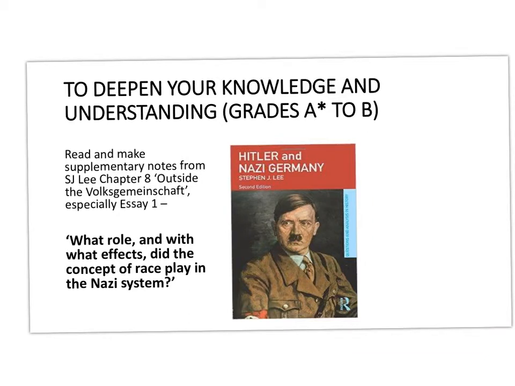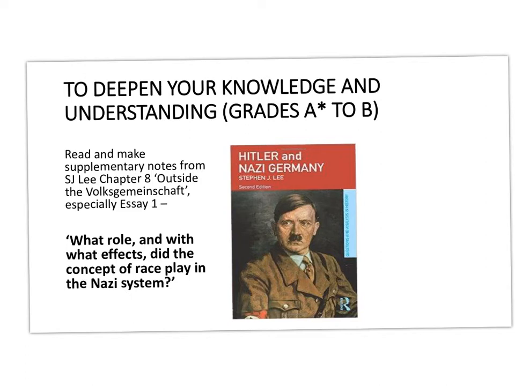Referencing that previous slide, just going into more detail, where do you go to deepen your knowledge and understanding? Do some original reading. You've got another Stephen J. Lee chapter, a specific essay. There's a chapter called Outside the Volksgemeinschaft, and that's chapter 8.